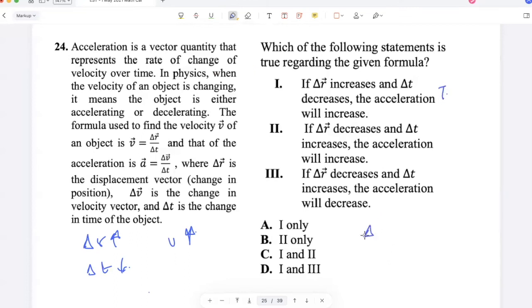If delta r decreases and delta t increases, then velocity is decreasing. If velocity decreases, then the acceleration will decrease. So this is false. And if delta r decreases and delta t increases, the acceleration will decrease. So it would be 1 and 3.